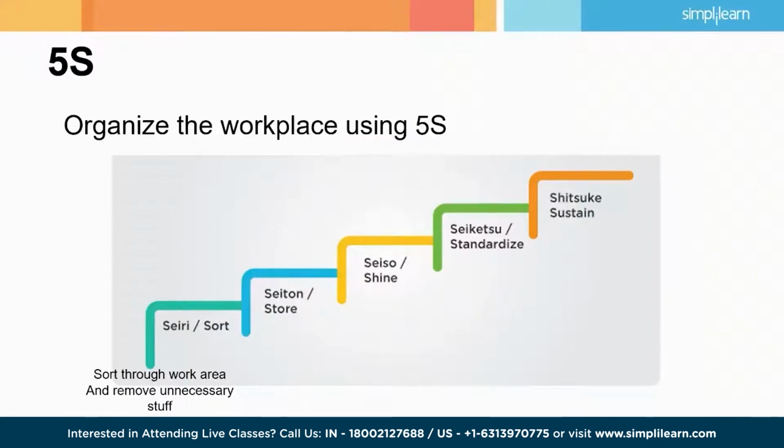The first one that I always recommend to start with when you want to implement the DMAIC methodology within your plant is the 5S, which is to organize the workplace. The 5S is a Japanese methodology that has 5 steps that will help you organize where you work in a way that it's easier to see the defects and it's easy to work.